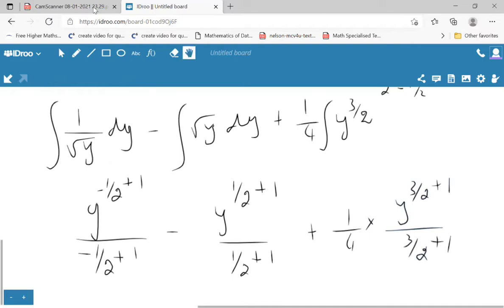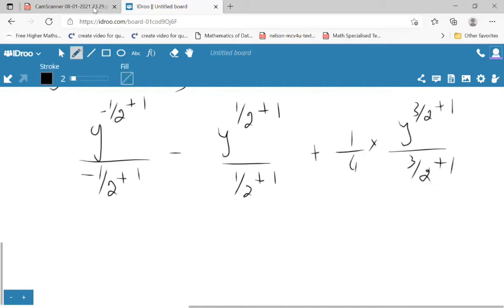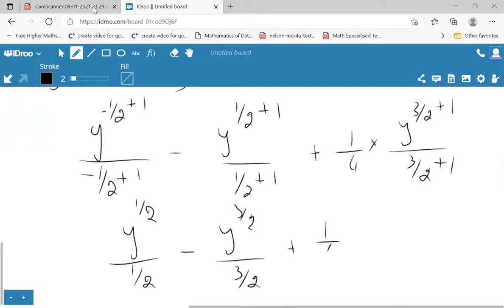So that will give you, now we know minus half plus 1 is half. So this y to the power of half by half minus, this will become y to the power of 3 by 2 by 3 by 2 plus 1 by 4 into y to the power of 5 by 2 by 5.